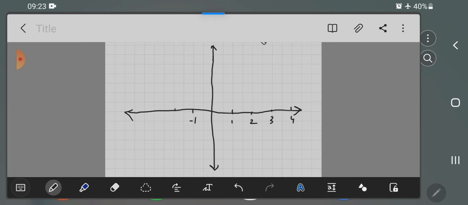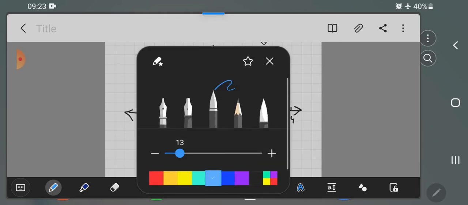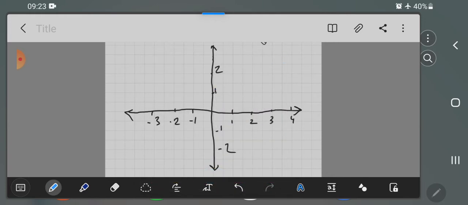We have negative 1, negative 2, negative 3. Okay, upper part 1, 2. Here we have negative 1, negative 2. Then let's make a line for our slope. Here negative 2 and 1.